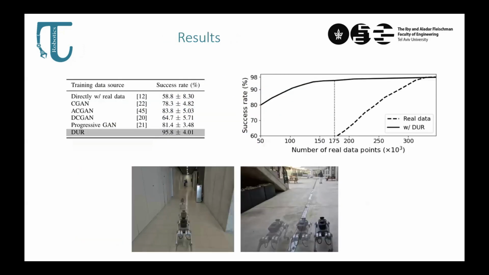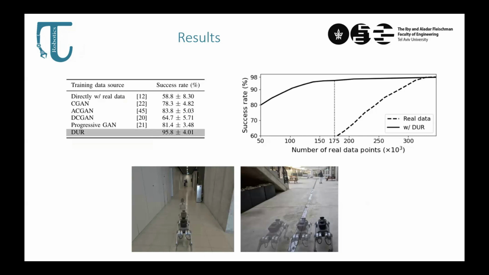And here again, you can see the curve of collecting real data. If we collect the real data and invest it in the diffusion model, we reach a quite high success rate very fast with only a limited amount of data. And from there, we are quite high.